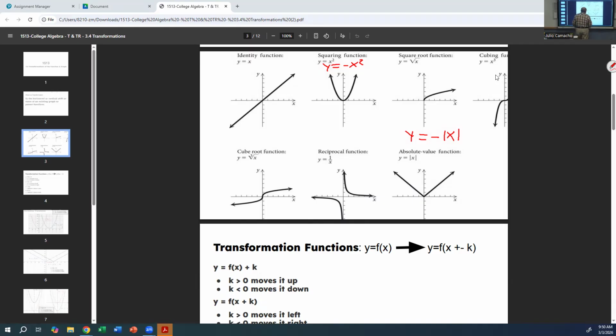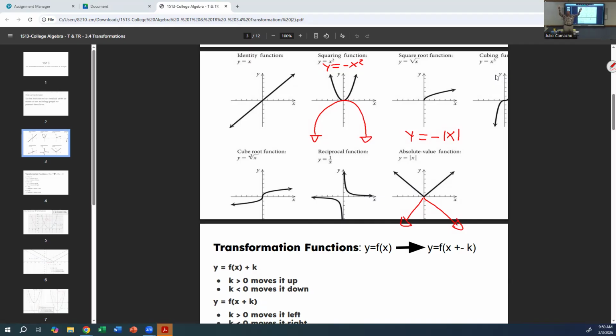Okay. So what happened with these functions? Well, when it's negative, you have the parabola upside down. And when it's negative, this V will be upside down. So when it's positive, when it's an even degree or an even function, the behavior of the function is up, up.